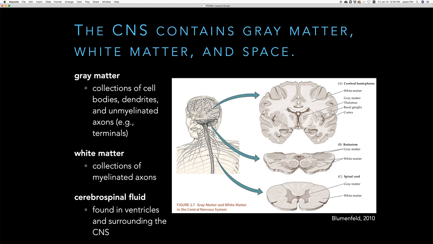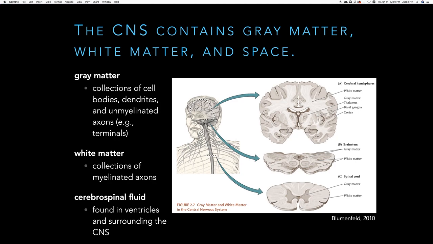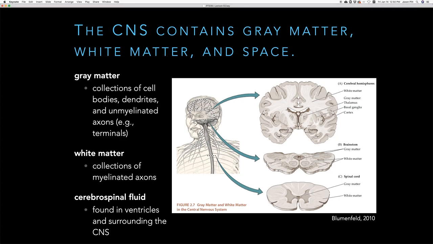They sort of mix together. And then down in the spinal cord, the white matter is all on the outside, while the gray matter is on the inside. And in each of these locations, we also have open spaces that are filled with cerebrospinal fluid. That would be our ventricular system up in the forebrain, and then the central canal running through the spinal cord.